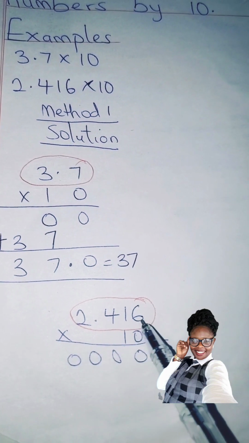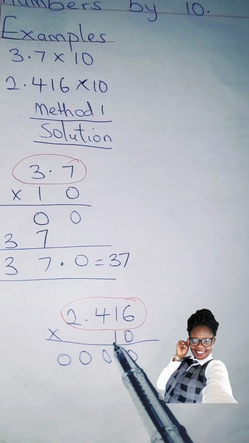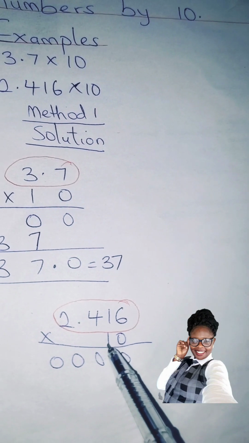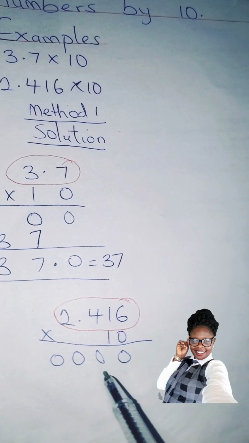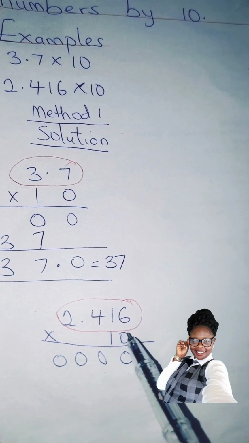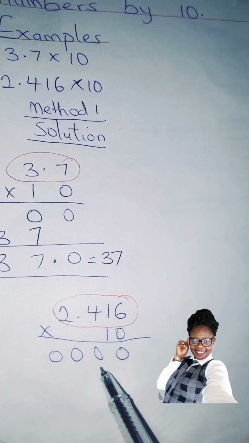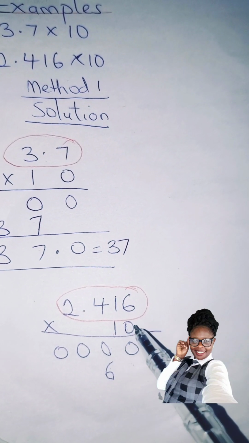1 times 6, 6. I will not write my answer here because I'm beginning from another number, and that number happens to be the second number. I'll begin from the second number here. So 1 times 6 is 6. I'll write it here. Meaning I've exhausted the first number, that's the last digit.